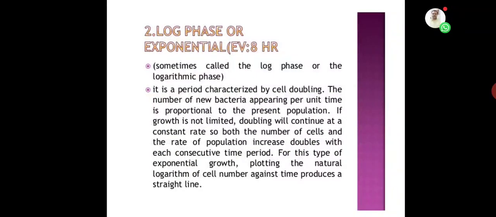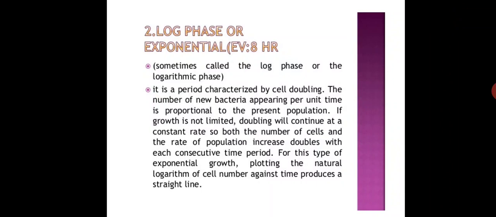So 2 into 2 into 2 into 2, like that, the 2 to the power of n formula is followed at the time of doubling of the cells. With this, the doubling of the bacterial cells takes place very drastically. As more and more bacterial cells are growing, this is called the log phase or exponential phase.